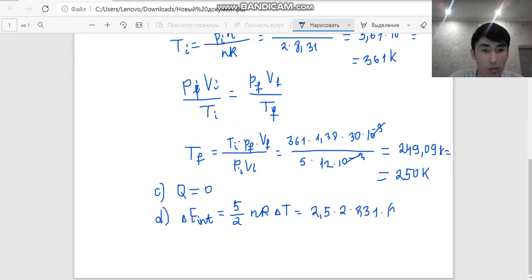T final equal to 250 minus initial 361. So here will be a negative number. Let's write the result of the calculation. Here will be minus 4,612 joules. So this is the answer for the fourth question.